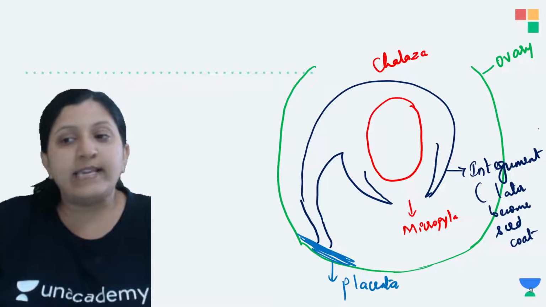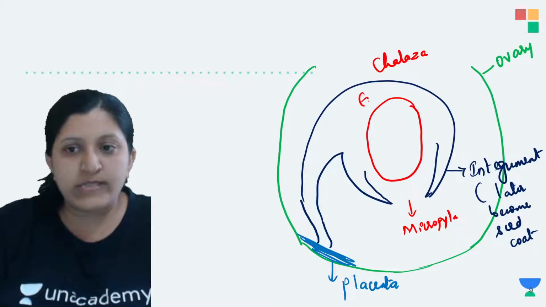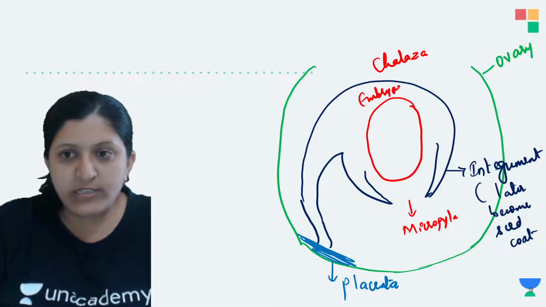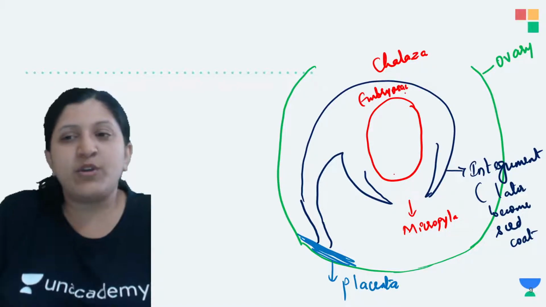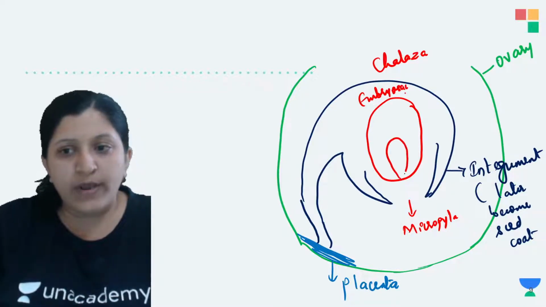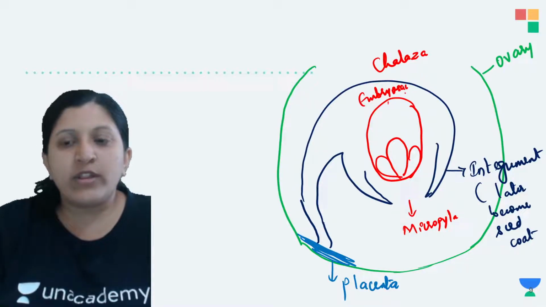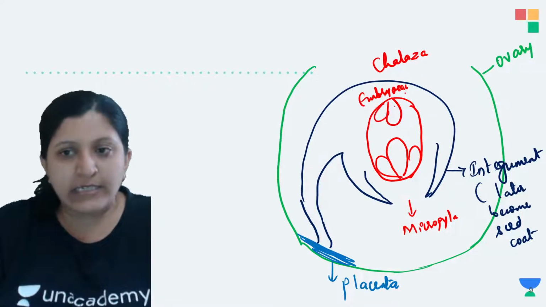So now in this case, as you see here, this is an embryo sac. All right. So there is an egg cell over here. Then you can also find a synergid. On the other side you can find the antipodal cells.